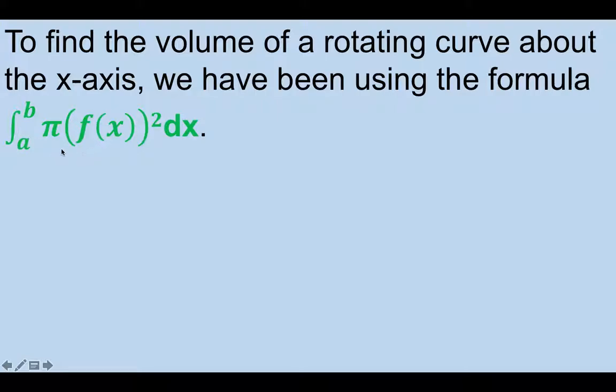I explained that this pi r squared looks like the area of a circle formula, because if we slice down the middle of our curve, we get little circles, and that's how we estimate the volume of the curve, by finding the little volumes of those little circle segments, with a bit of a width. To take the integral means we're finding the volume, and we sum up all those volumes. That was the formula from last time.